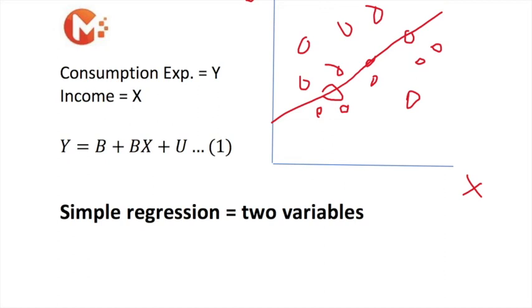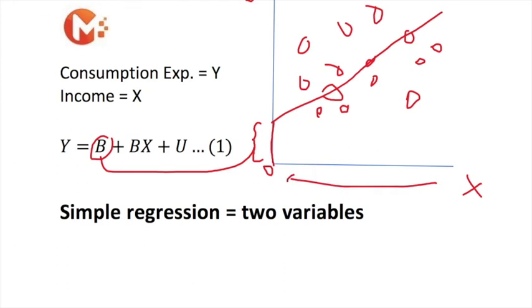So, at a point where income is 0, you will still have some level of expenditure. That is what we refer to as the intercept in our equation, where income is 0 and we still have some level of consumption expenditure.